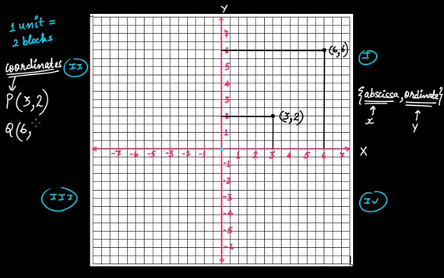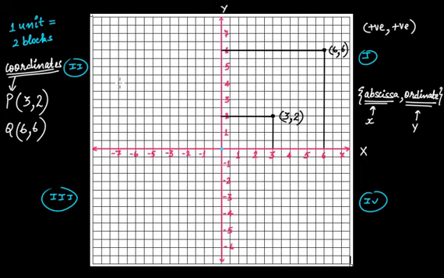So the coordinates of this point Q are 6, comma 6, right? Now you must have noticed one thing here: since this is the positive direction and this is also the positive direction, because we have positive numbers on this part of the x-axis and positive numbers on this part of the y-axis, each point will be of the form positive, comma positive in this first quadrant.